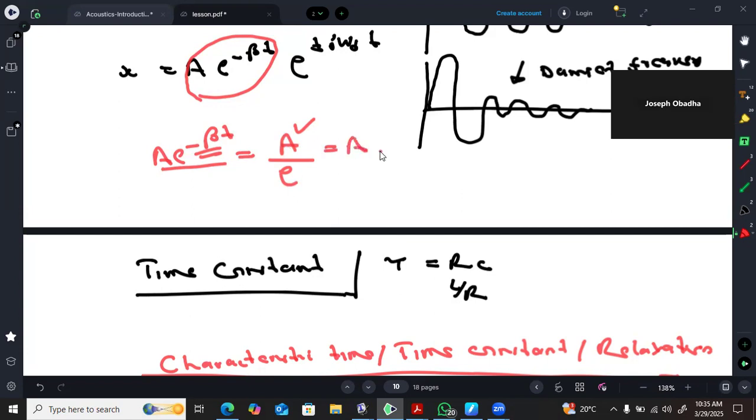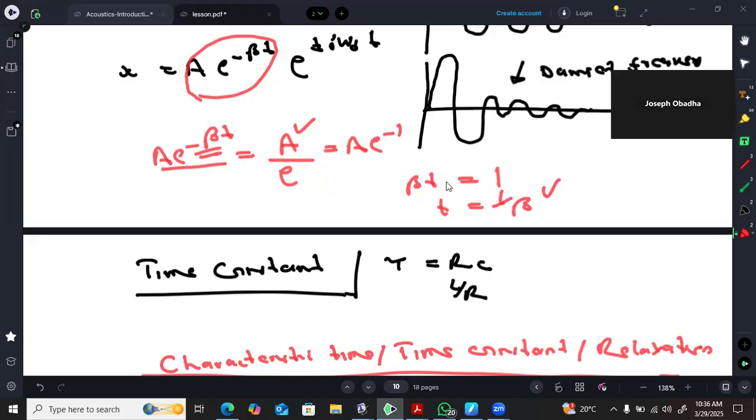Or we are saying beta t had to be equal to 1, so that we have e to the minus 1, or t is equal to 1 over beta. So that is what we call the time constant of this circuit.